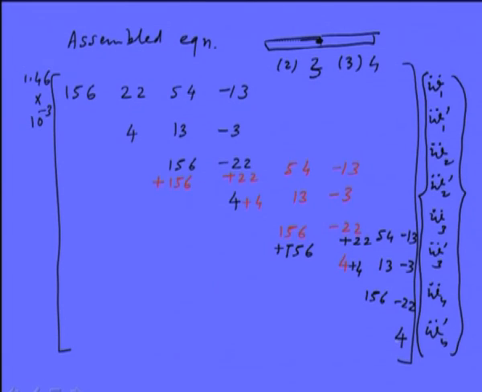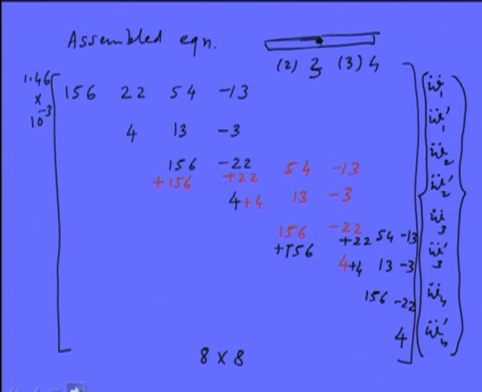You can see that the size of this matrix is now 8 into 8. Earlier the individual matrices were 4 into 4, now it has become 8 into 8.